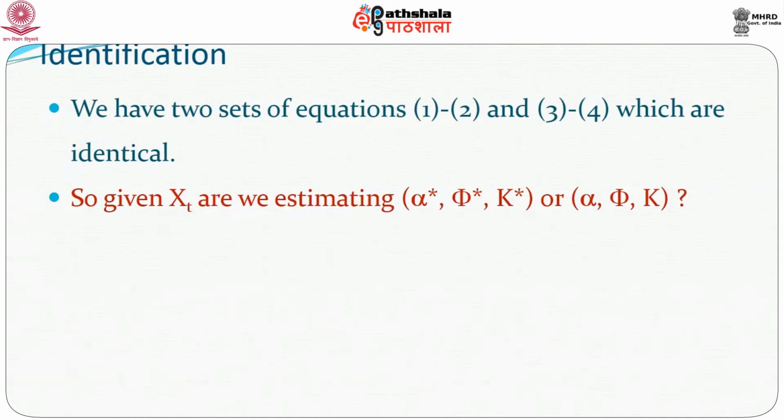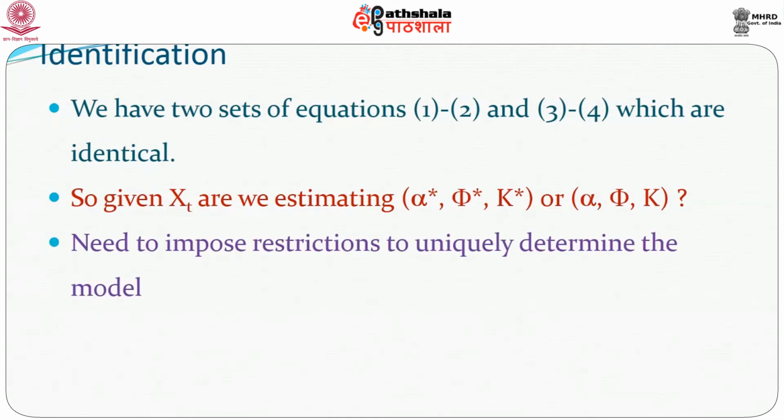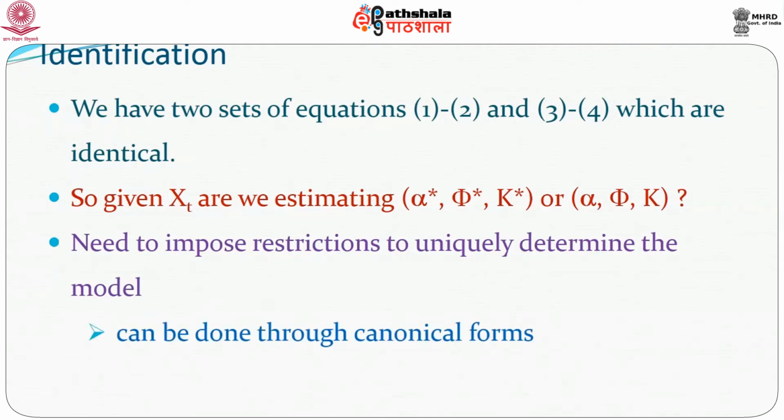So how do you actually identify a particular estimate with a given model? For that to happen, we need to impose restrictions which uniquely determine the model. One way that we can do it is we can write the model in the canonical form.